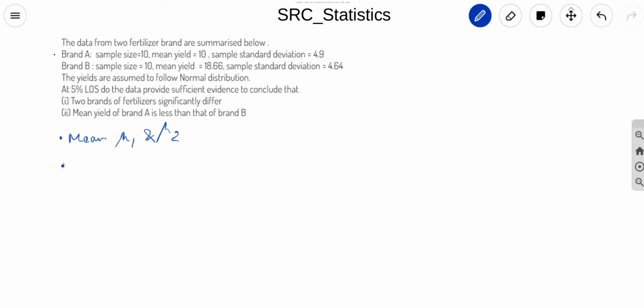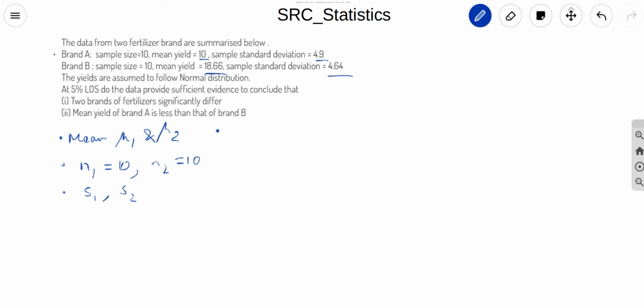And also we can see that the sample sizes n1 and n2 are both 10, small samples. Sample means are provided, 10 and 18.66, and sample standard deviations are provided, that is we know S1 and S2.